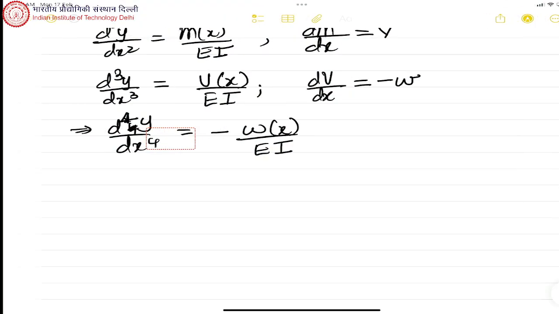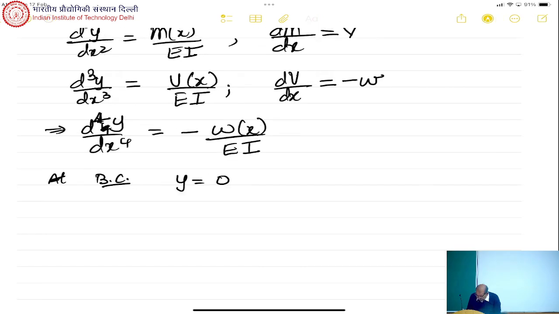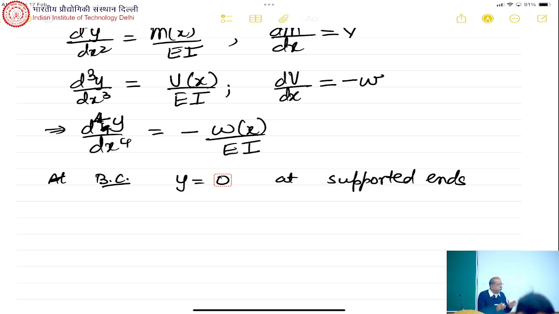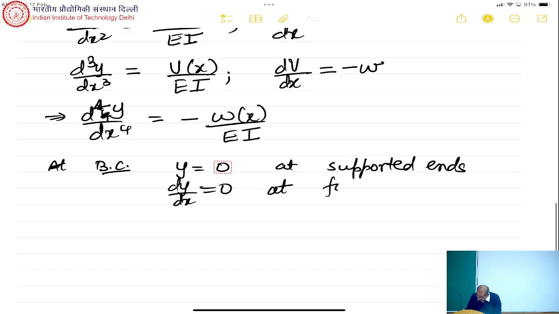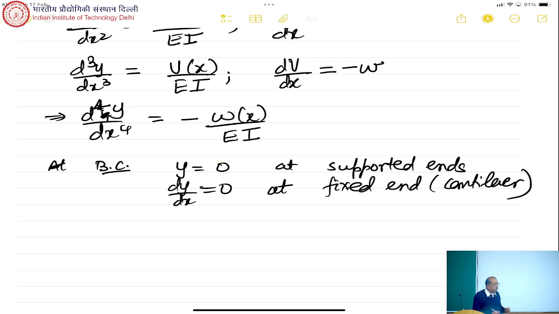Now, of course, we know the boundary conditions. We have seen at supported ends, the deflection is 0. dy by dx is equal to 0 at a fixed end.